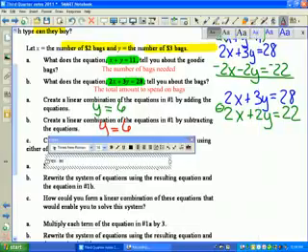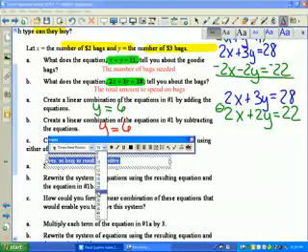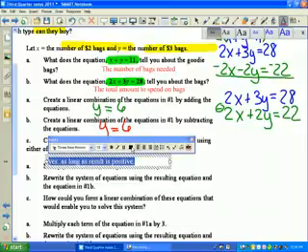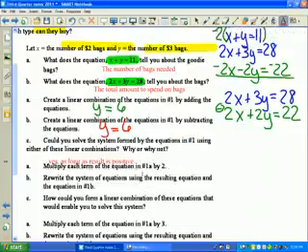So we'll say yes, as long as the result is positive. Because think about it. If I get a negative number, we're looking at the situation. The situation is dealing with bags. Is it possible for you to get a negative bag? No, it's not possible. Okay?